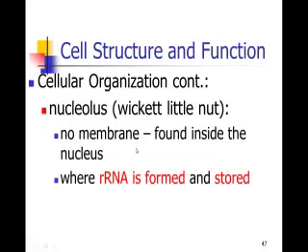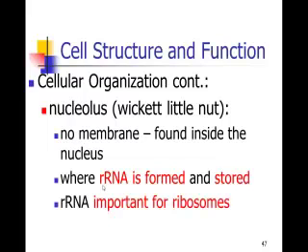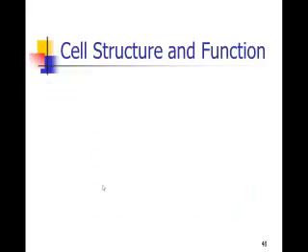This is where ribosomal RNA is formed, and it's also where ribosomal RNA is stored. And ribosomal RNA is going to be essential. That's what makes up the parts of the granules that we saw in the endoplasmic reticulum. So that's responsible for protein synthesis. So ribosomal RNA, real important for the ribosomes.